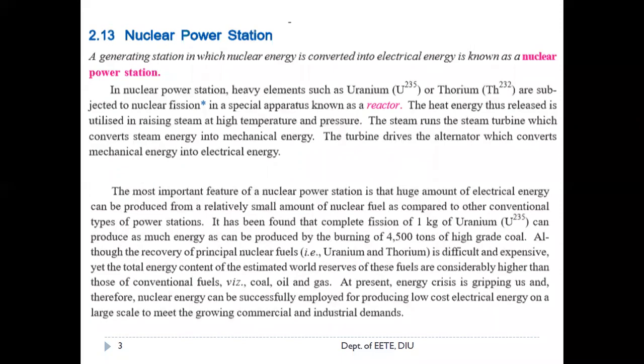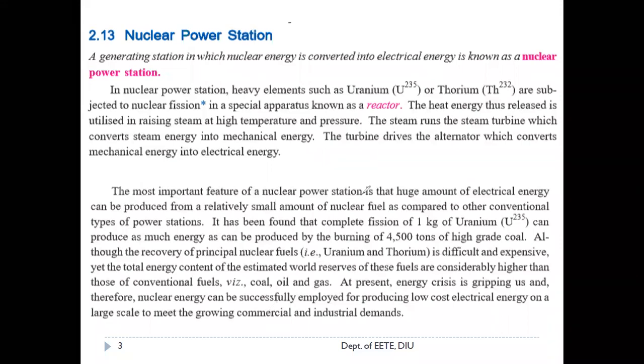The reaction is done in a particular space known as the reactor. It is a very dangerous zone. We all know how dangerous this reaction can be, because it is also known as a chain reaction. If it starts, it's very tough to stop.